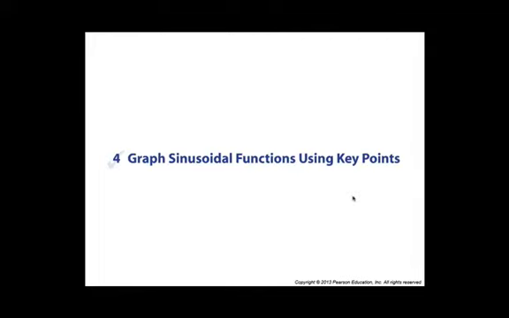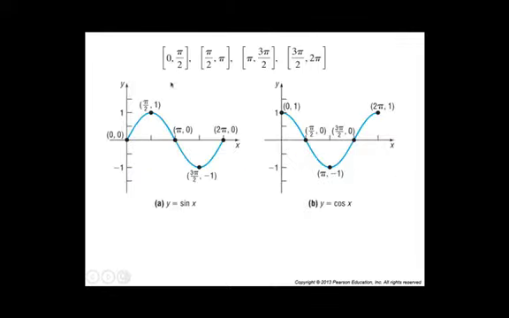Using sinusoidal functions, we now graph sinusoidal functions using key points. So here, on a standard sine wave and a standard cosine wave, we have the standard points of 0, pi over 2, pi, 3 pi over 2, and also 2 pi. As you can see, they've identified them here at the top of the screen.